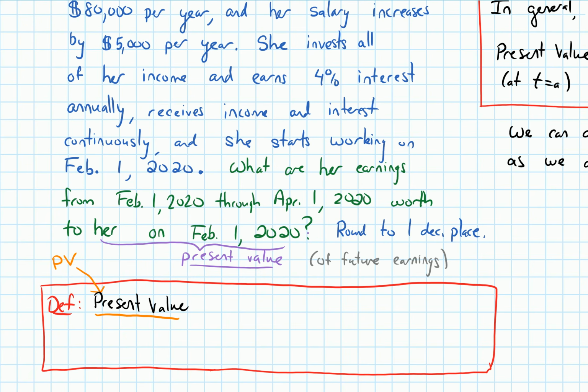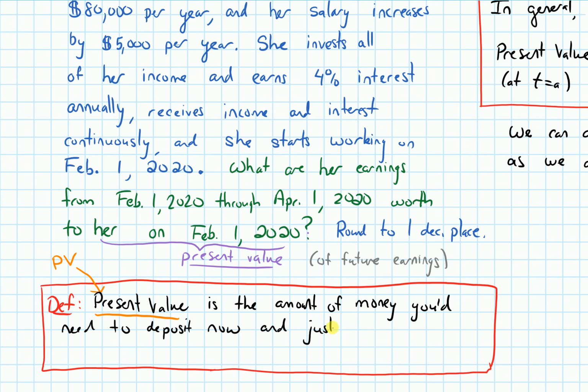The way we're going to measure present value is we'll say that this is the amount of money you'd need to deposit now into the account and just let it do its thing, and just earn interest.